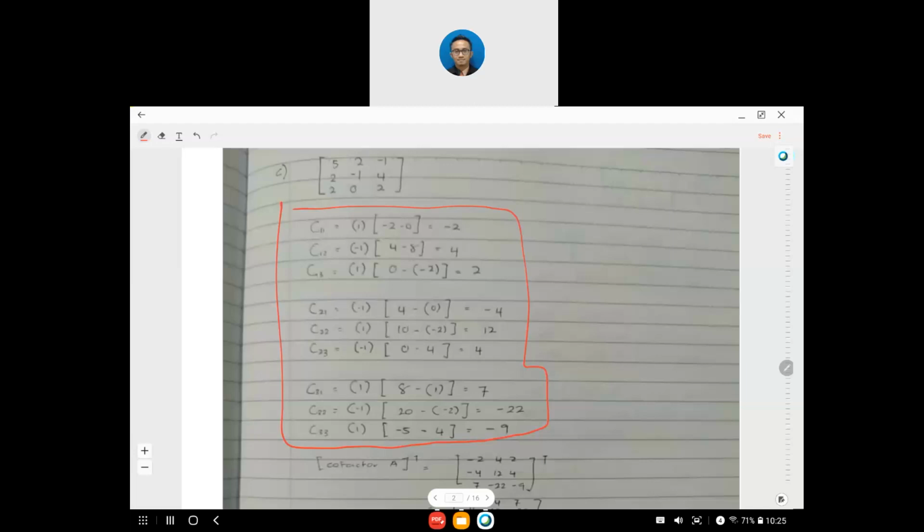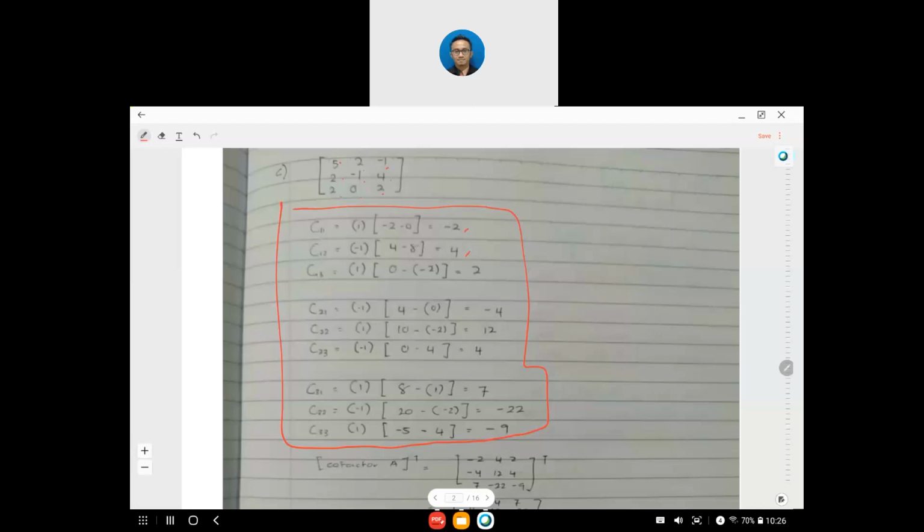Cofactor, how to find cofactor 1. Okay, question C also the same thing. Your matrix is 5, 2, -1, 2, -1, 4, 2, 0, 2. Okay, and then you want to find the cofactor. Okay, cofactor 1, 1, from this matrix you can get -2. Cofactor 1, 2, you can get 4.